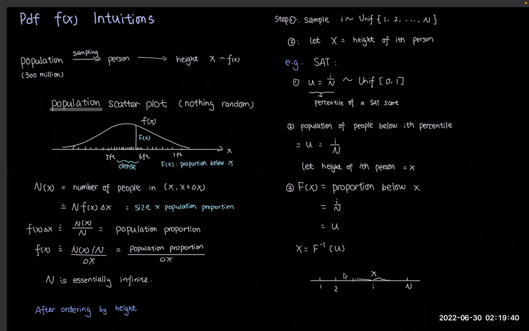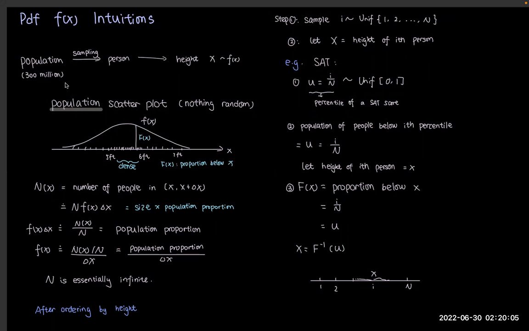So you randomly sample I, which is a uniform distribution over these n numbers, because you ordered people according to their rank. Then you let x be the height of the ith person. So that's how you do a random sample.